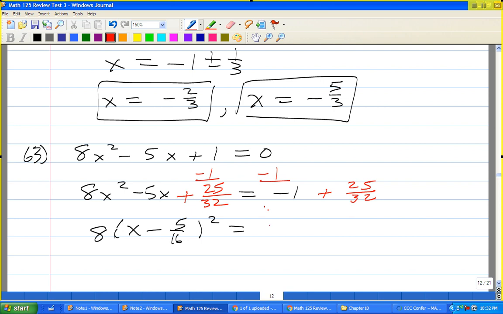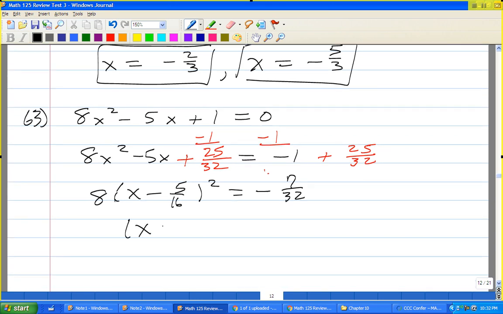So negative 32 plus 25 is negative 7. Negative 32 plus 25 is negative 7 over 32. Okay. Let me divide both sides of my equation by 8.